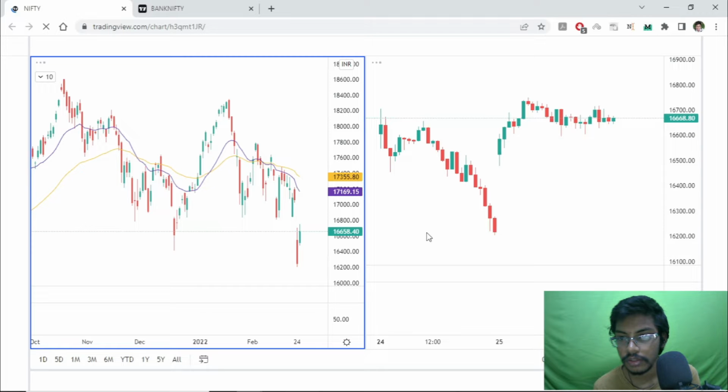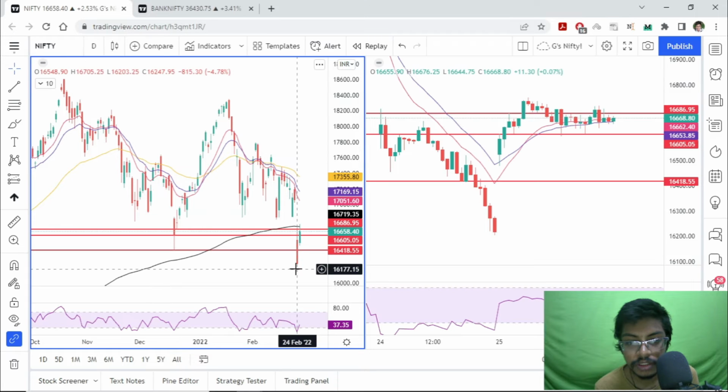So if you see, honestly, the first support level that broke was 16,400. Although we got a close below 16,400 after an up and down scenario in the past few weeks, we just broke it down on the 24th of February, but again we closed up, sort of a doji on the top at resistance.